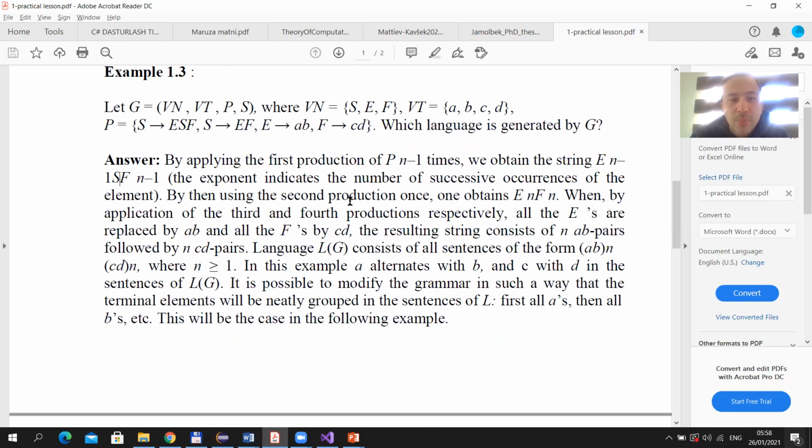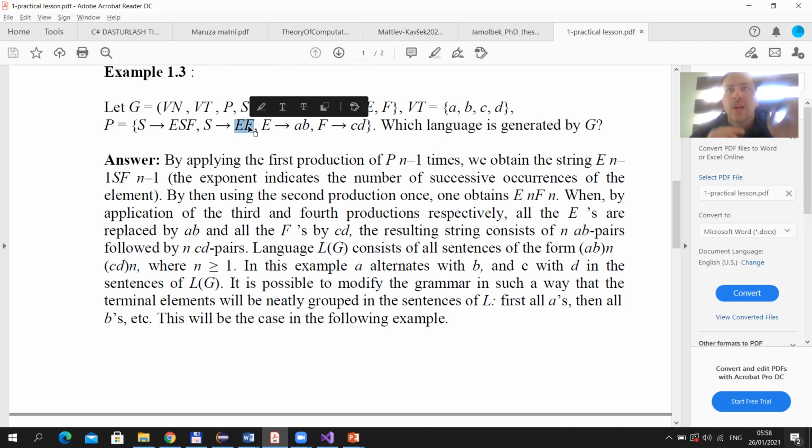By then using the second production, S goes to EF, once, we obtain E^n F^n, because by using EF here we don't have the non-terminal S, so we don't need to continue with S, because we don't have any more S.